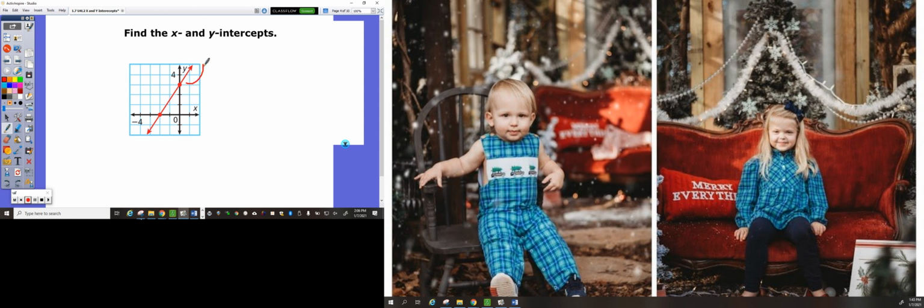Okay, good. All right, so my y-intercept is 0, 3. Okay? EJ, what's the x-intercept going to be? It's -2, and the y is always 0. So, 0, 3, -2, 0.